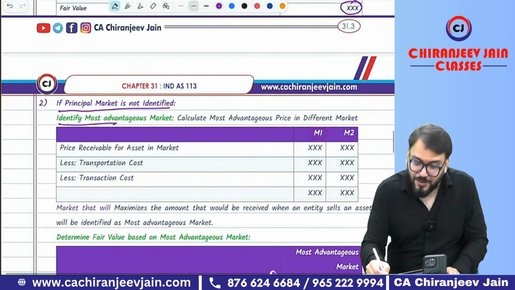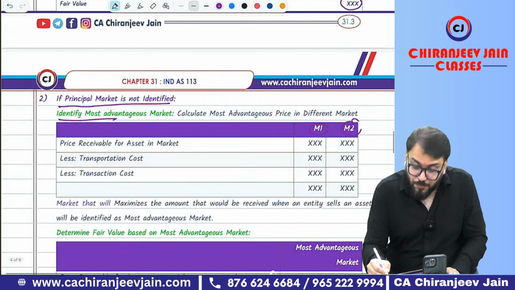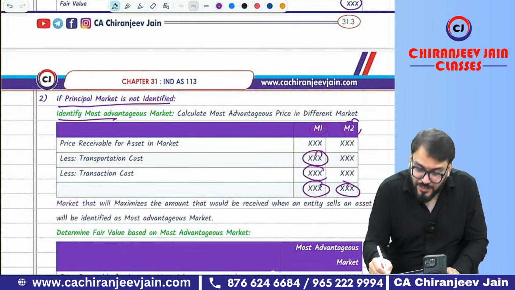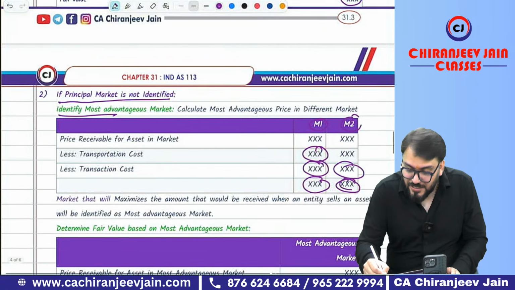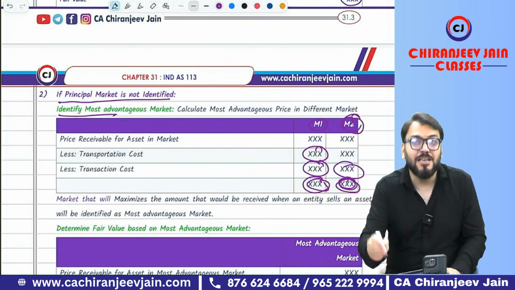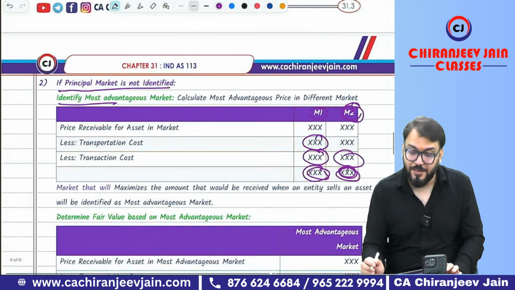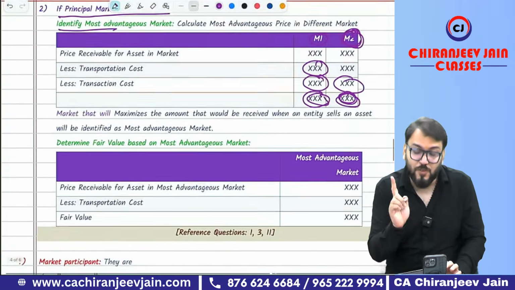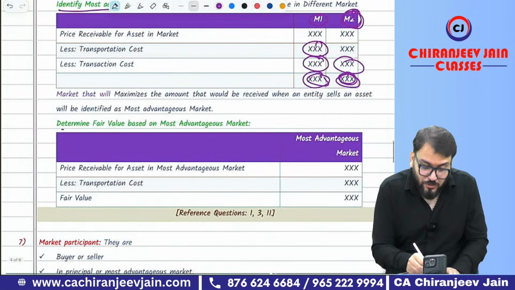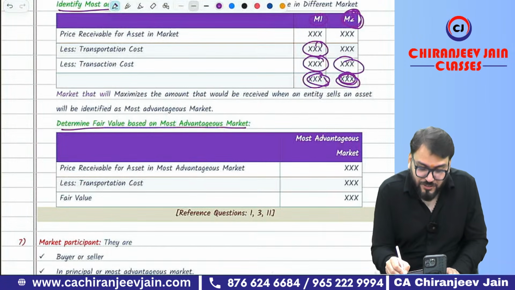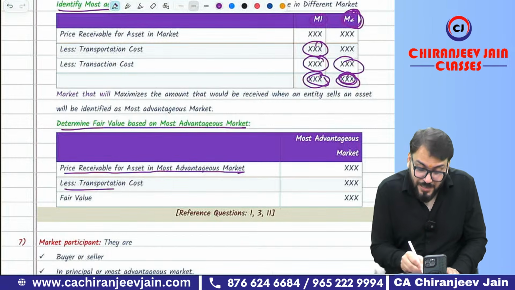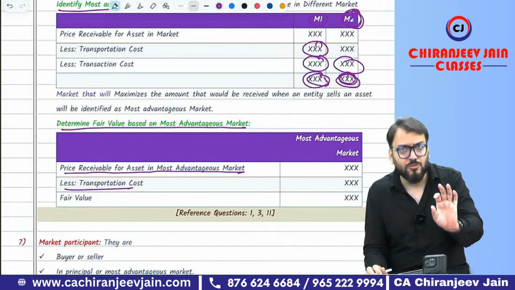For example, market 1, market 2. To find the most advantageous price, we should deduct both transportation cost and transaction cost. Suppose this is more than this, so market 2 becomes the most advantageous market. Now to find the fair value based on market 2, we deduct only transportation cost. So the fair value based on the most advantageous market is the price receivable in that market, less only transportation cost. I think you have understood.